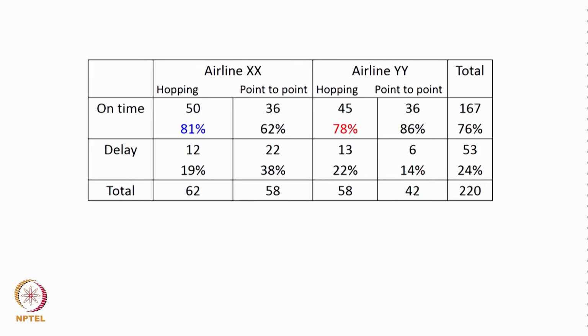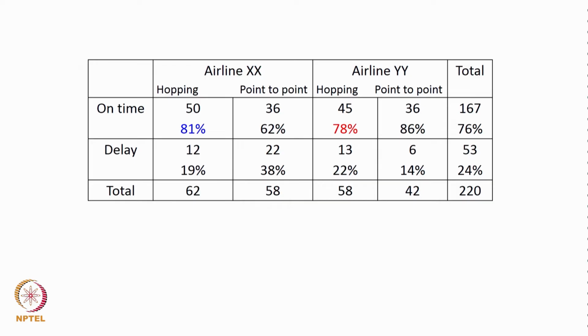So, let us add this variable and look at this direction. Let us assume that the same data on 220 flights has now been categorized again based on the type of the flight.